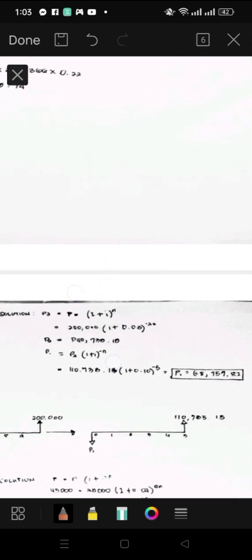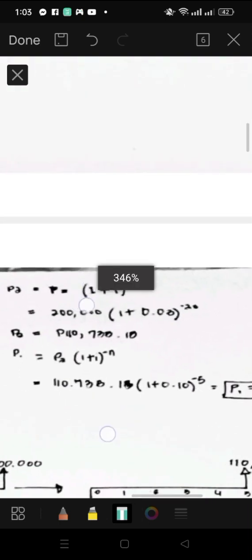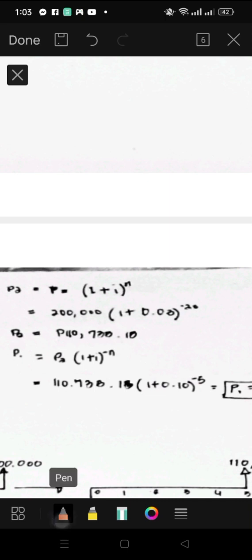So the question is, what will be the principal? Our solution is P2, which equals F times the quantity 1 plus i raised to the power of negative n.